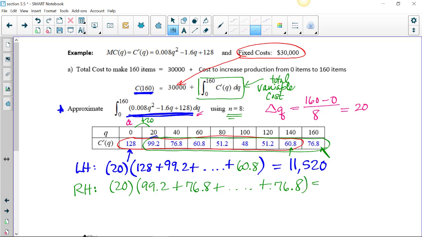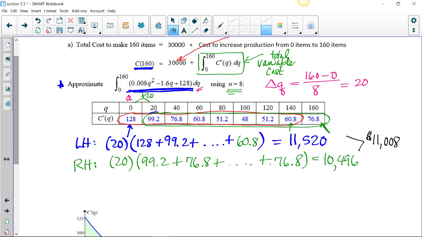So add those up, multiply by 20, and our approximation is $10,496 for our total variable cost. So if I average those two together, that would give us our approximation for our total variable cost to be $11,008.